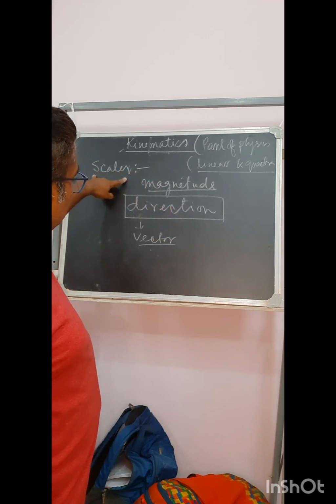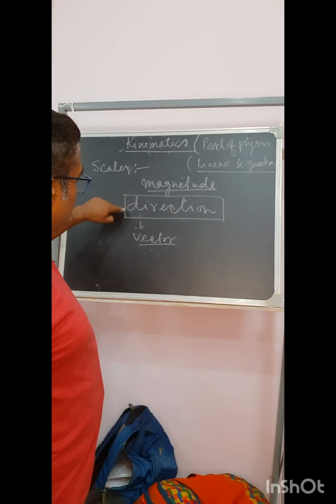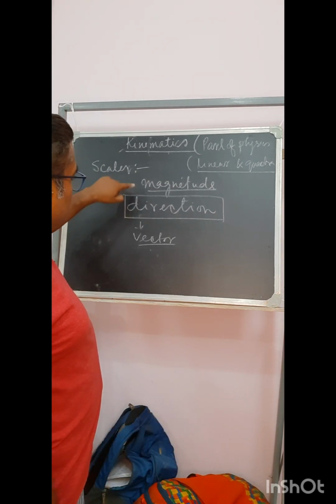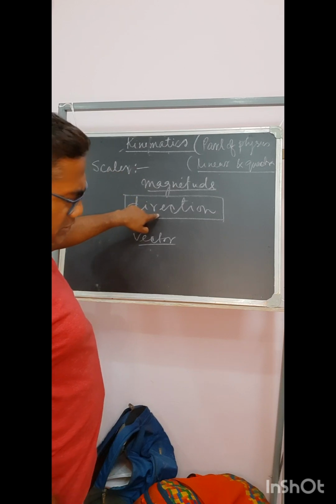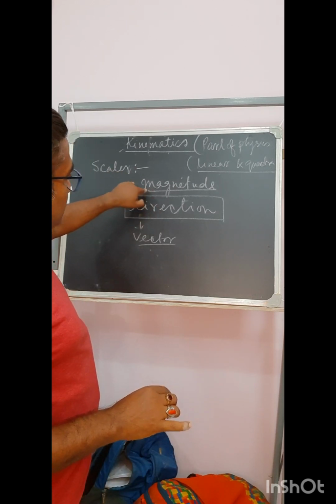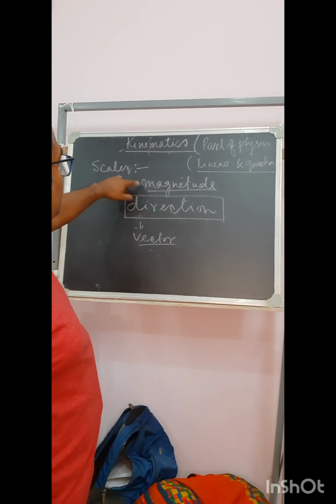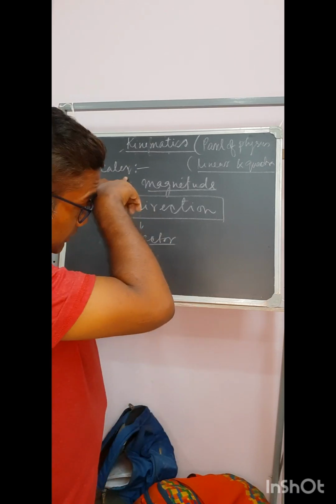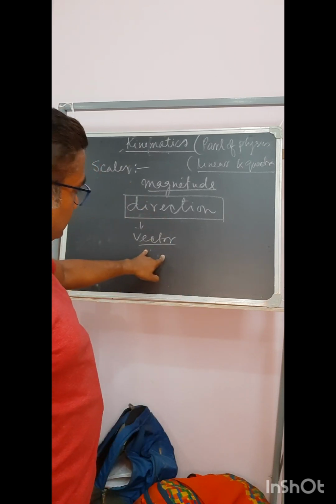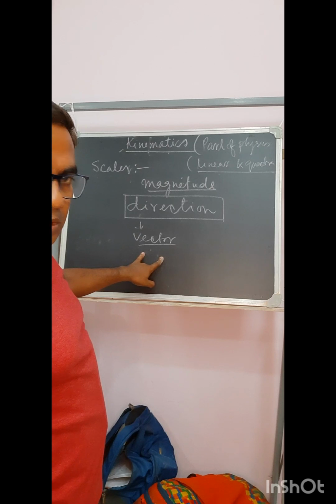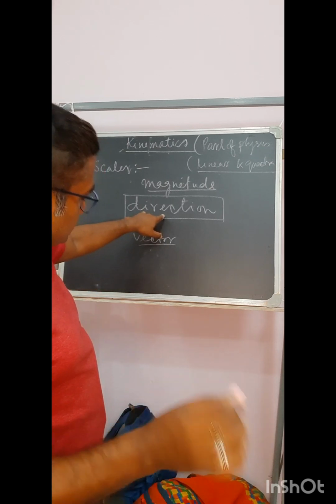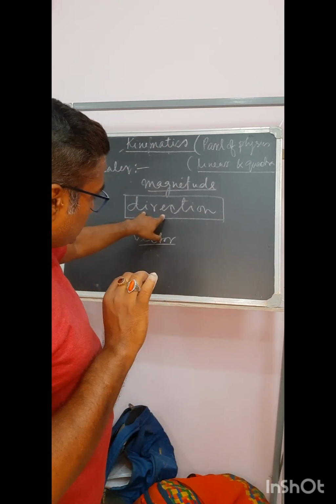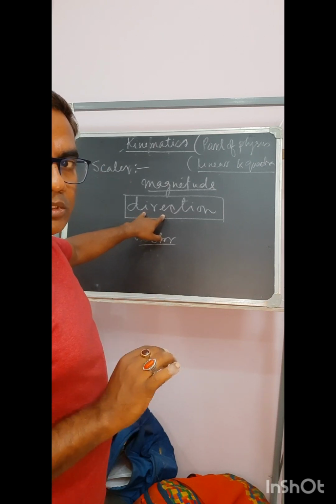So the quantity which doesn't depend on direction, and only has magnitude, is called a scalar, and the quantity which depends on the direction along with the magnitude is called a vector.